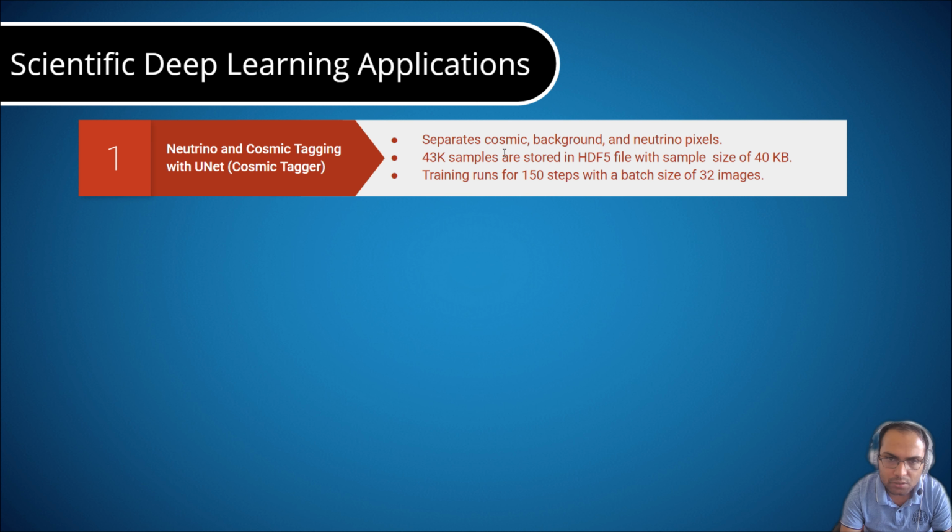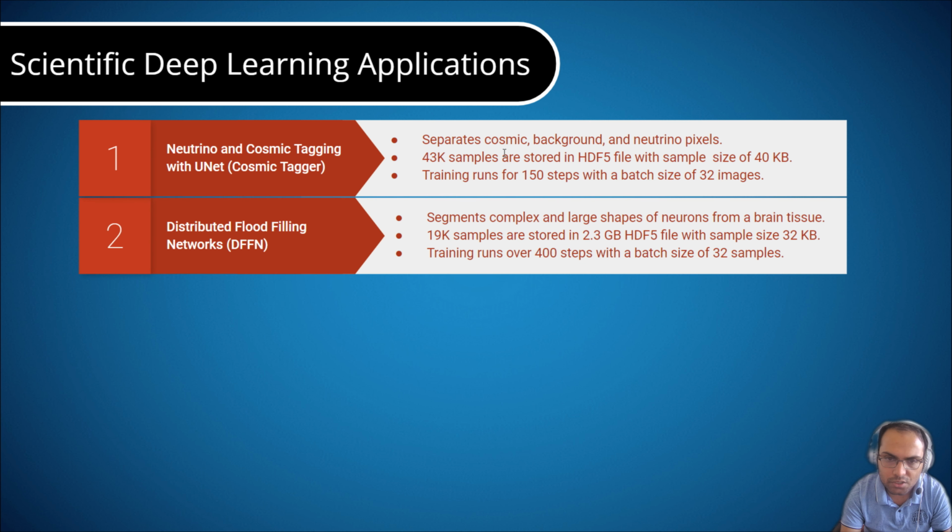This application uses deep learning to separate cosmic pixels, background pixels, and neutrino pixels within the images. The application has a 33 gigabyte dataset containing 43,000 samples stored in one large HDF5 file, with each sample with an average size of 40 kilobytes. The deep learning model itself runs over 150 steps with a batch size of 32 images.